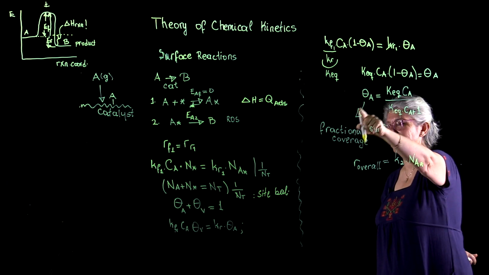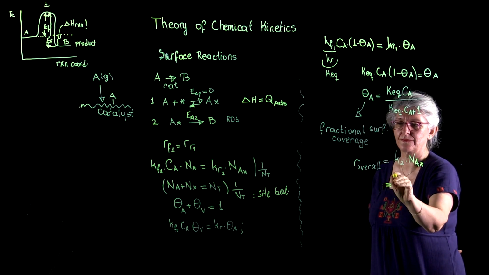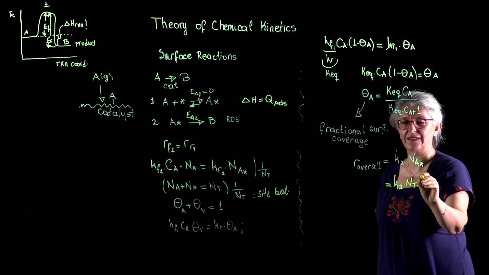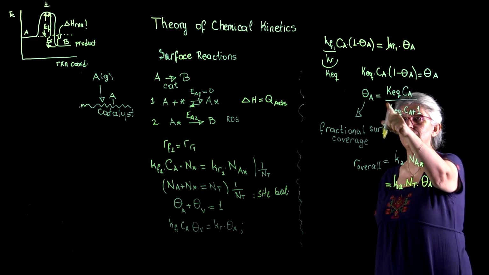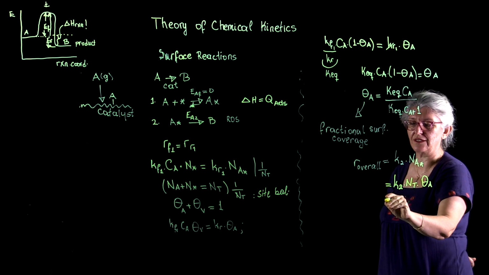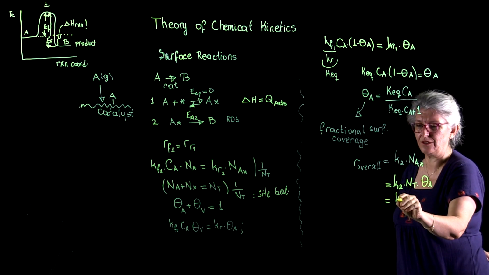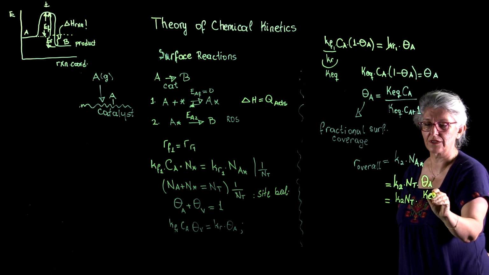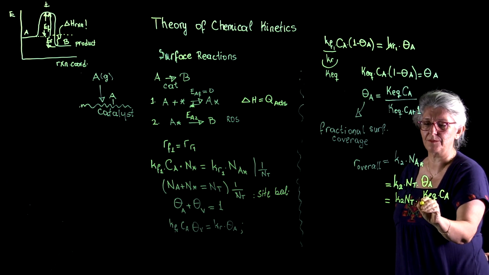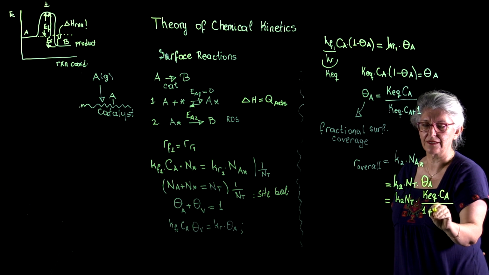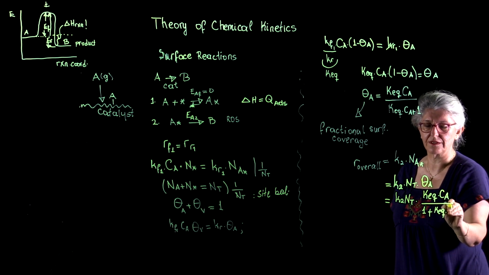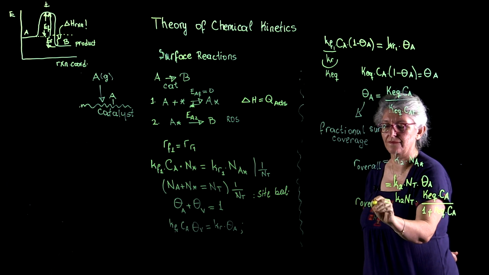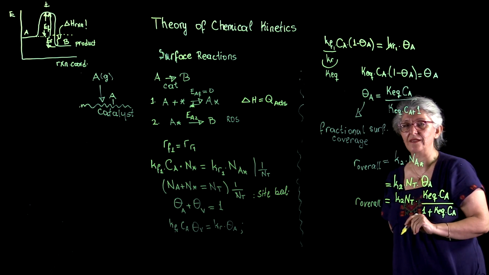It is theta A times N total. So k2 N total times theta A, and we derived theta A in terms of the concentration of species A. So we have k2 N total times K equilibrium times C_A divided by 1 plus K equilibrium times C_A. Now this is our rate.